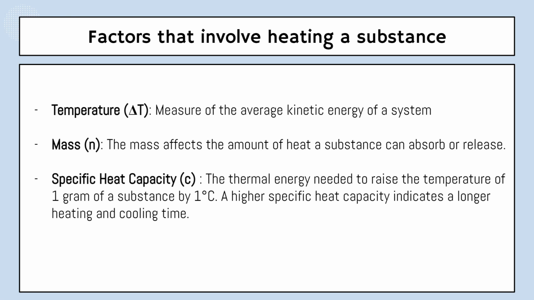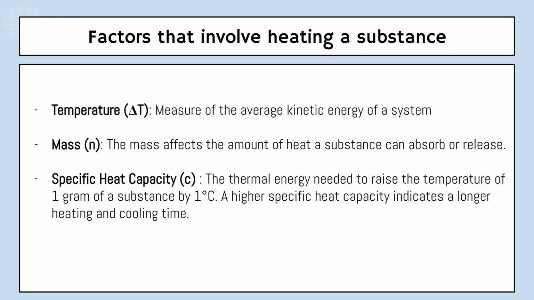And finally, we have the specific heat capacity, and that is the thermal energy needed to raise the temperature of 1 gram of a substance by 1 degree Celsius. A higher specific heat capacity indicates a longer heating and cooling time. So pretend you have a piece of metal and you have its mass in grams.